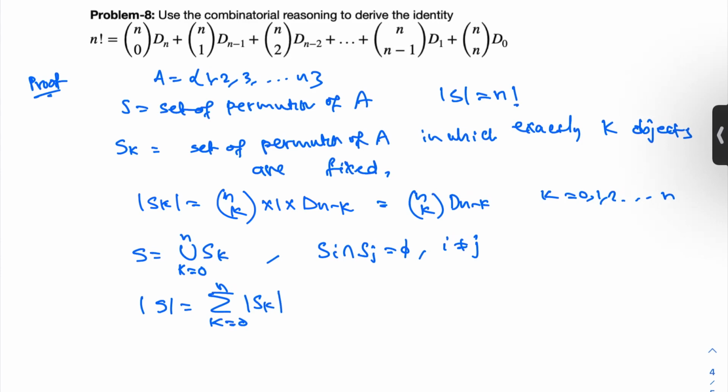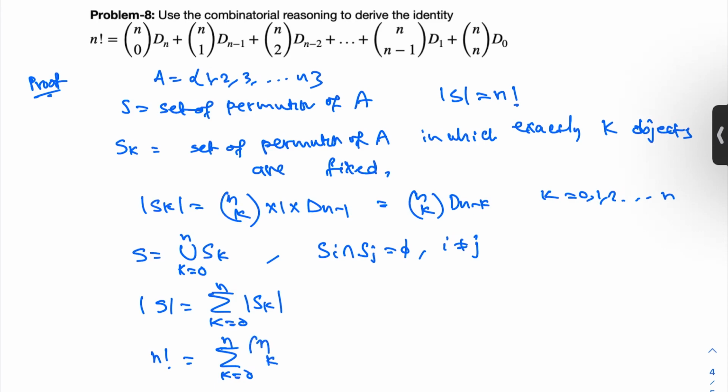Okay. So the left hand side, we know that is n factorial. The right hand side is the summation k equal to 0 to n, where the size of Sk is n choose k times d(n minus k).